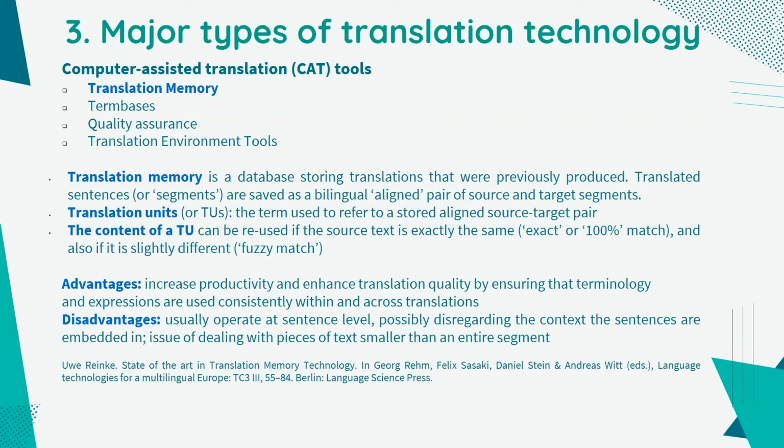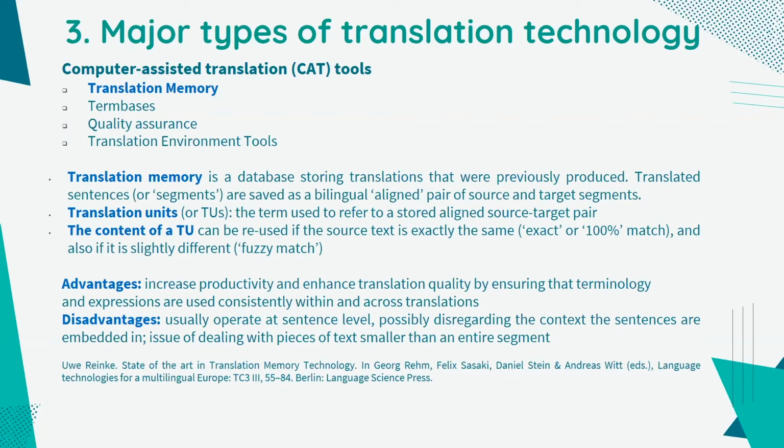A translation unit is a term to refer to a stored pair of aligned source and target. The content of the translation unit can be reused if the source text is exactly the same. We call it a 100% match, and also a fuzzy match if it is slightly different from the record in the database.